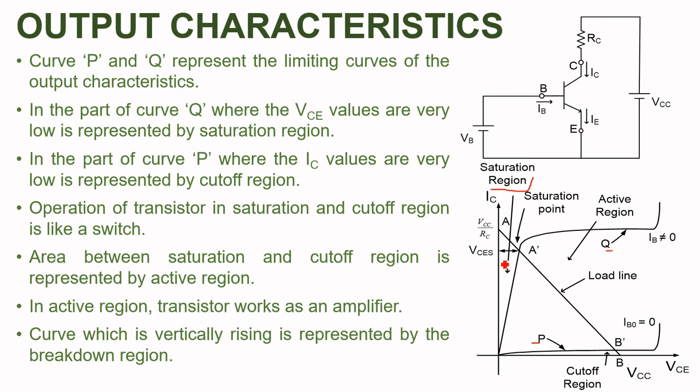In the saturation region, the maximum possible collector to emitter voltage under saturation condition is given by VCES, that is VCE saturated. The part of curve Q where the values of IC are very low is represented by the cutoff region. So here is our cutoff region.